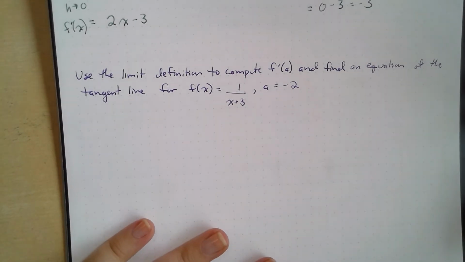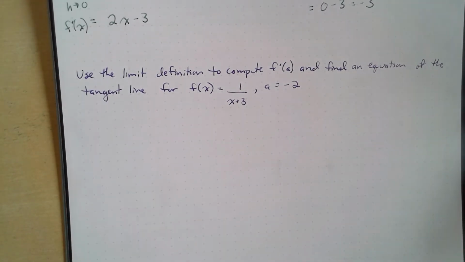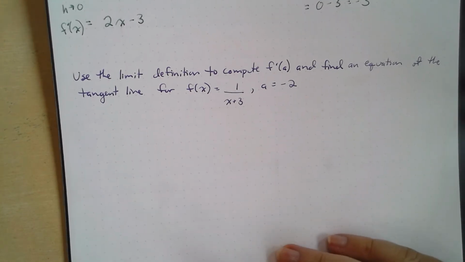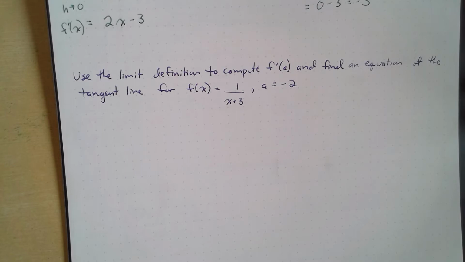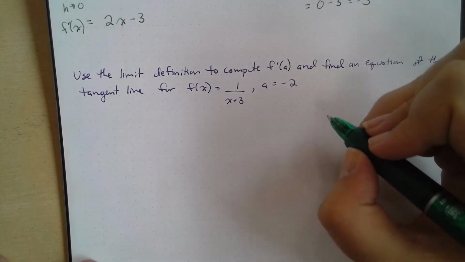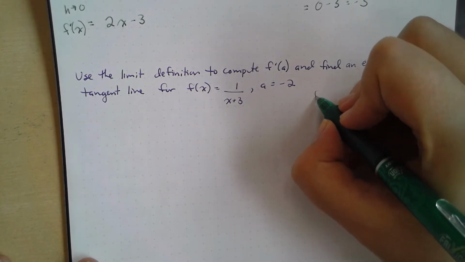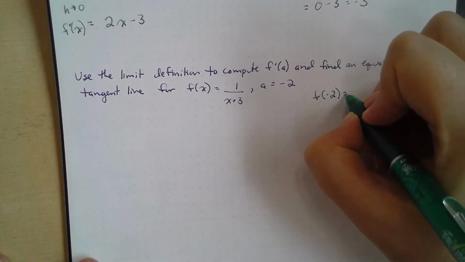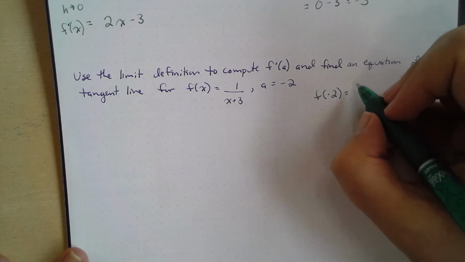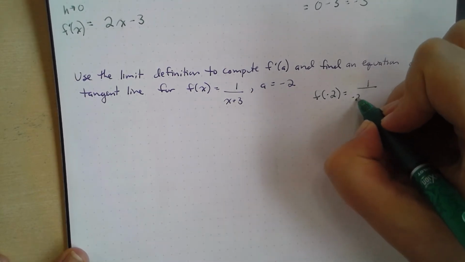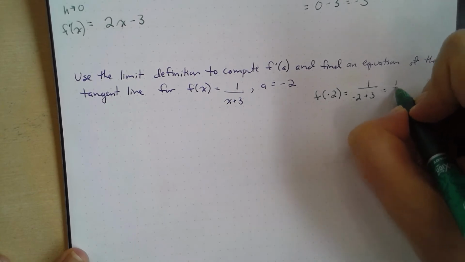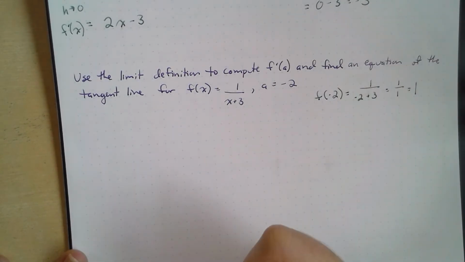Use the limit definition to compute f prime of a and find an equation of the tangent line for f of x equals 1 over (x plus 3) when a is negative 2. Well, the first thing we need is f of, oh, ignore all of that. We need f of negative 2. Well, f of negative 2 is going to be equal to 1 over (negative 2 plus 3), which is 1 over 1, which is just 1.